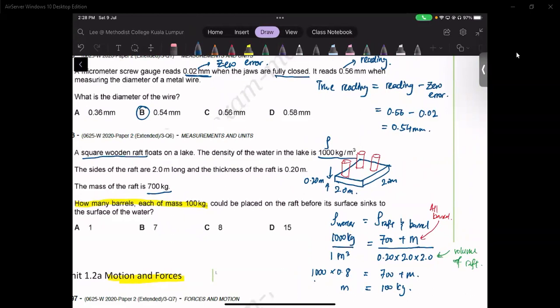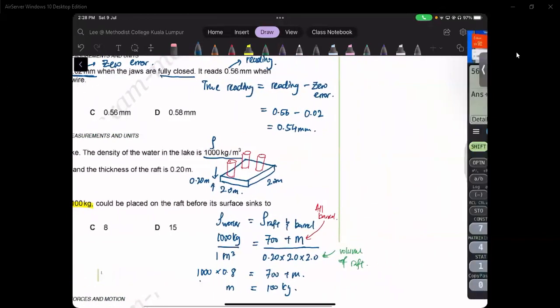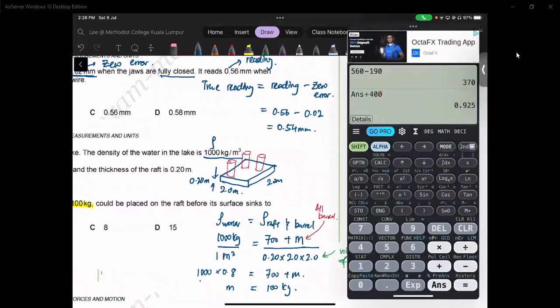That's very suspicious. 2 times 2 is 4, and 4 times 0.2 is already 0.8. Yeah, right, the volume.